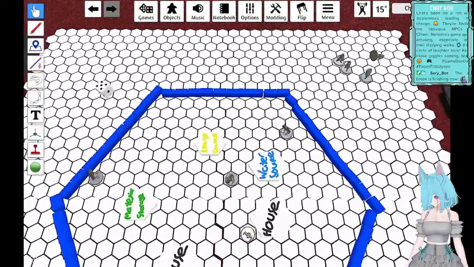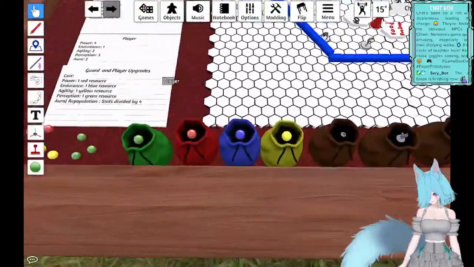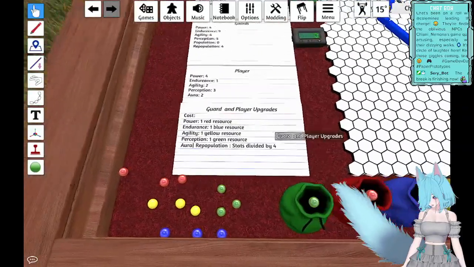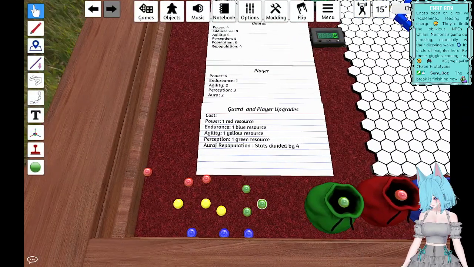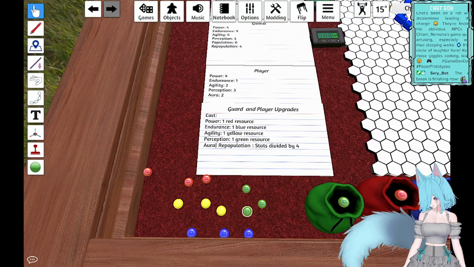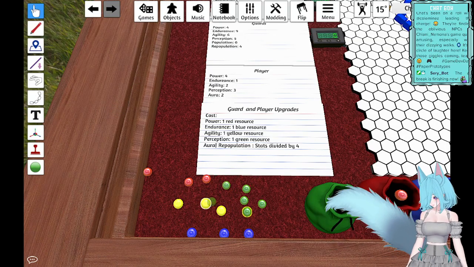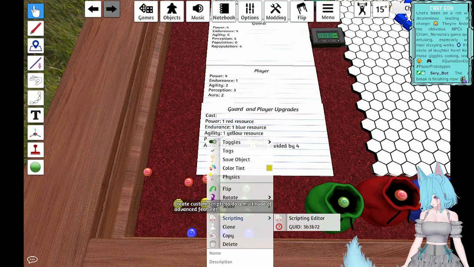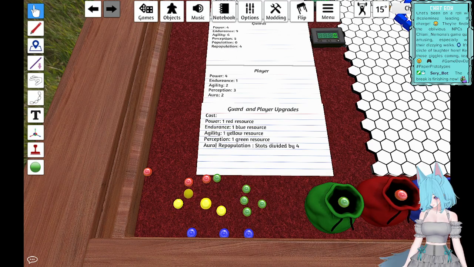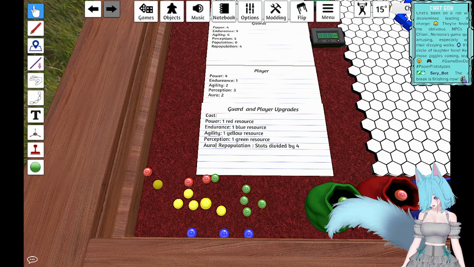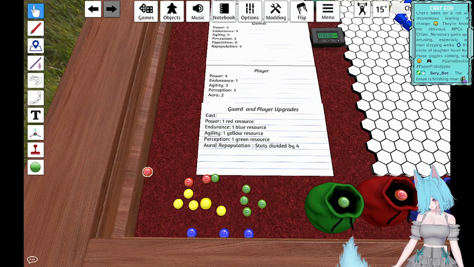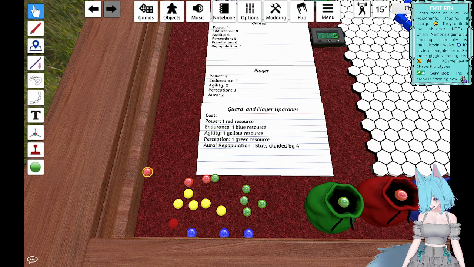All right. It is evolution time. Let's get 2 of each, because our civilians survived attackless.